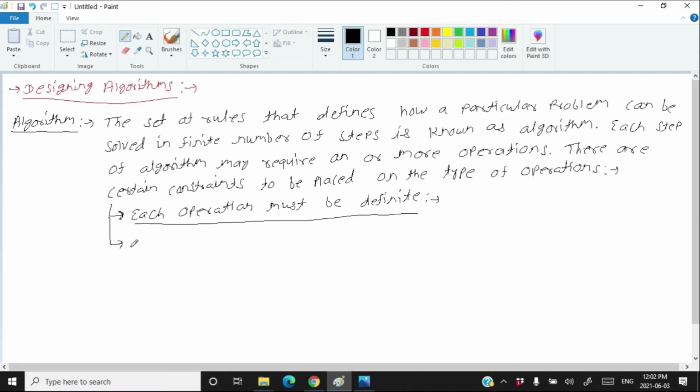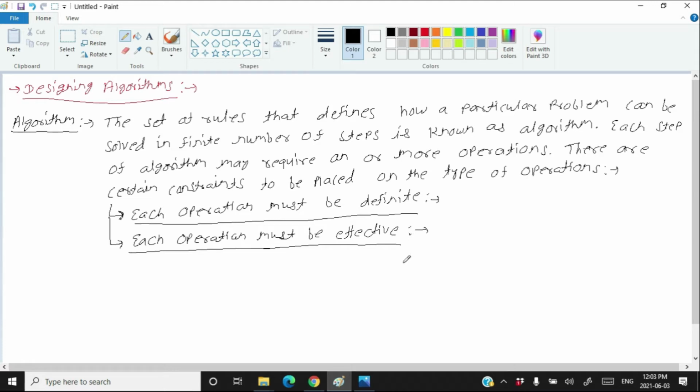The second constraint applied on operations of each step of an algorithm is that each operation must be effective. That means each step of the operation must be such that it can be done using pencil and paper in a finite amount of time.